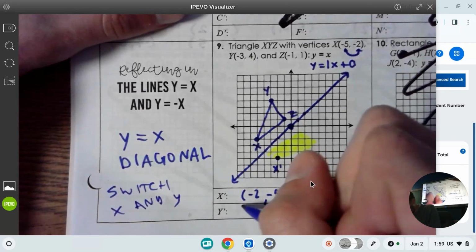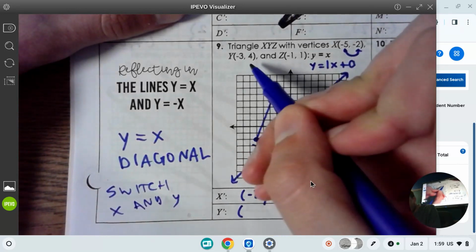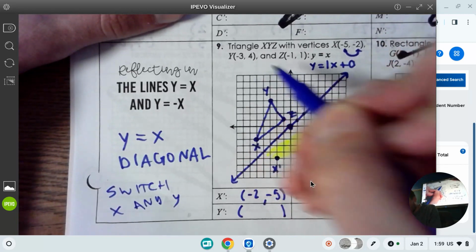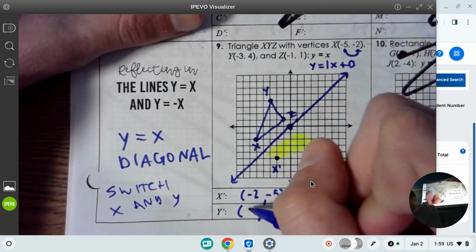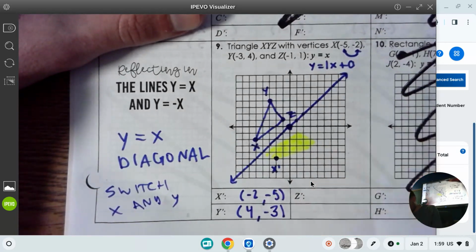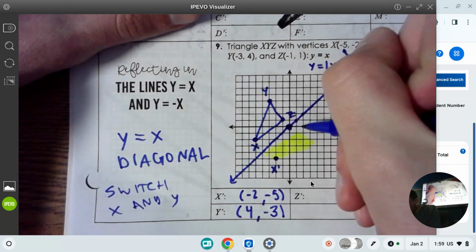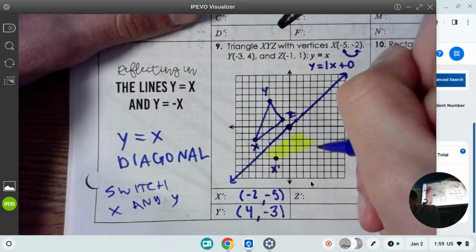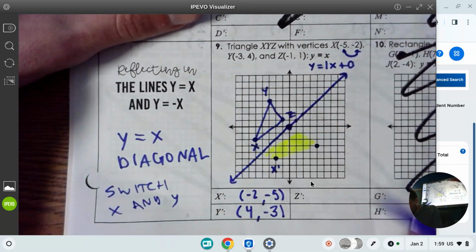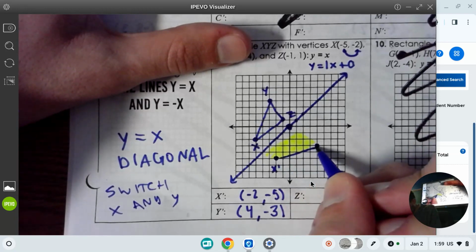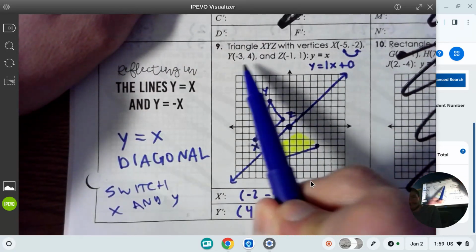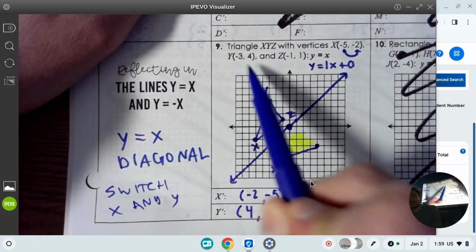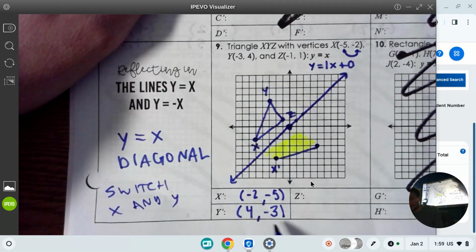When it comes to y prime, the original y, -3, 4, the new y prime, 4, -3. Just switch the order. 1, 2, 3, 4, 1, 2, 3. So y was -3, 4, and we had to switch that around and make it 4, -3.